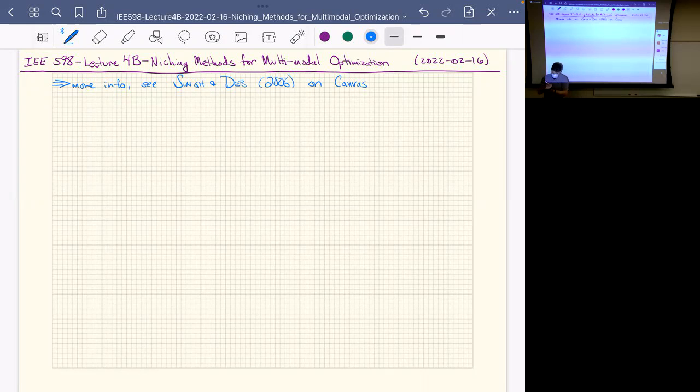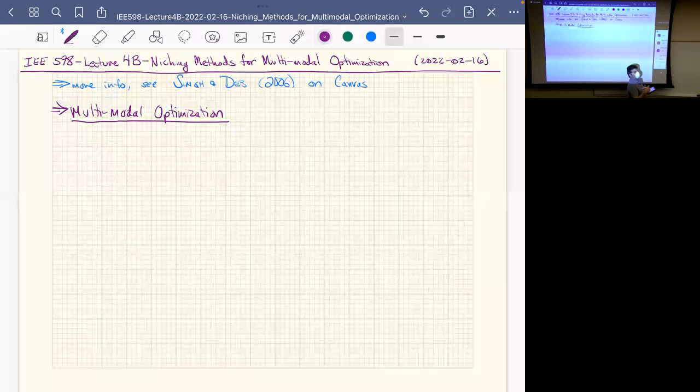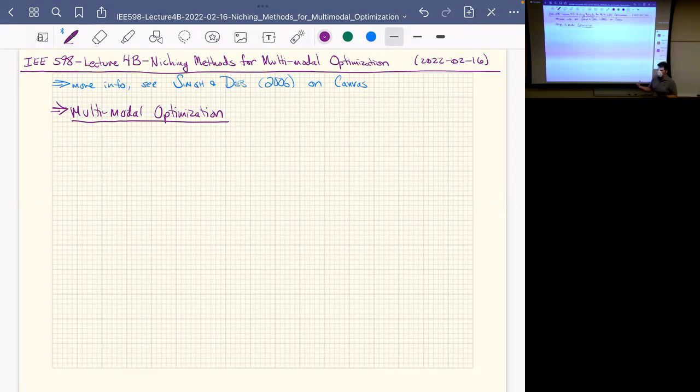So, as we talked about before, we're working on multimodal optimization. So what the heck is multimodal optimization? The idea here is that rather than attempting to find a single global optimum, we are going to develop algorithms which attempt to find all of the local optima.